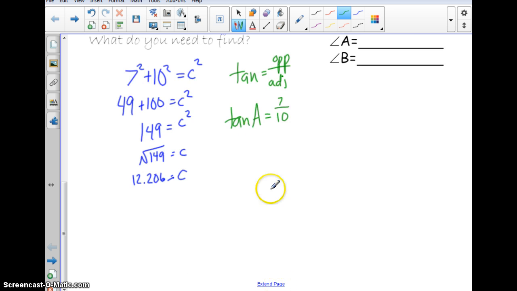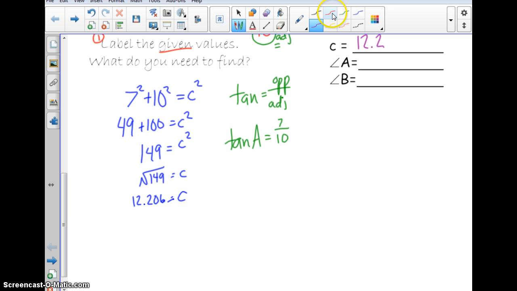Now remember, if you know the tangent and you're solving for the angle, so think back to the other things you learned about trig, in order to find that angle A, I would do the inverse of the trig function.